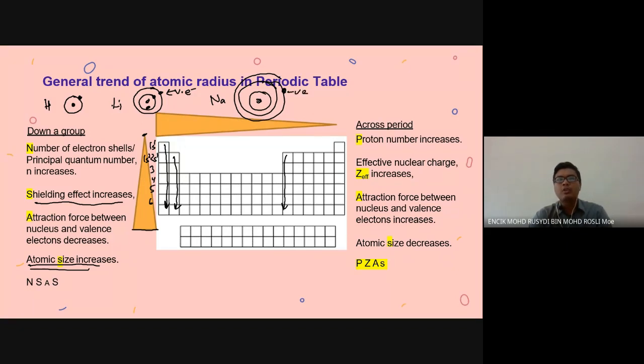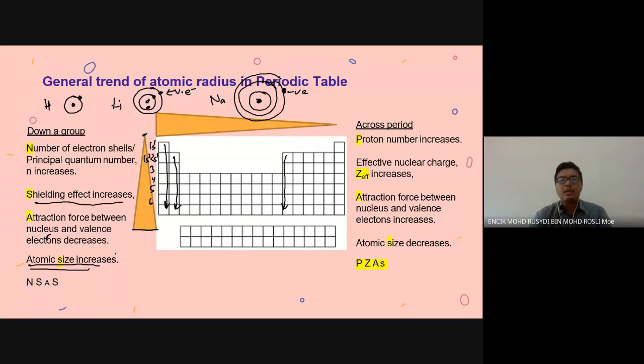Because nucleus has proton, it attracts the valence electron. Okay. Tapi bila shell tu makin besar, therefore the attraction force between the nucleus and valence electrons decreases. Hence the atomic size increases.